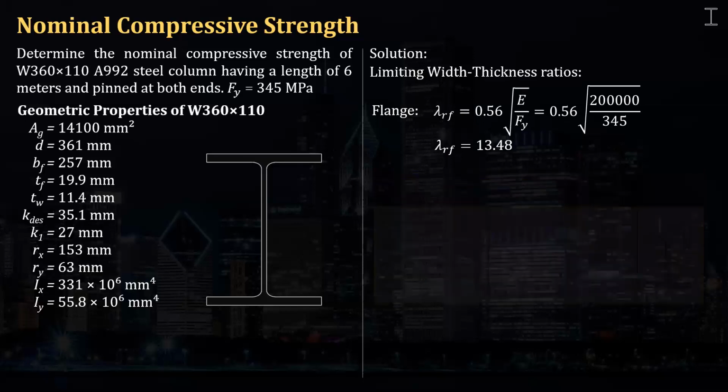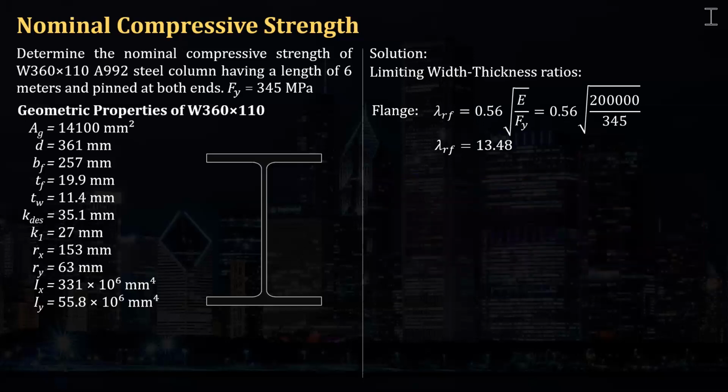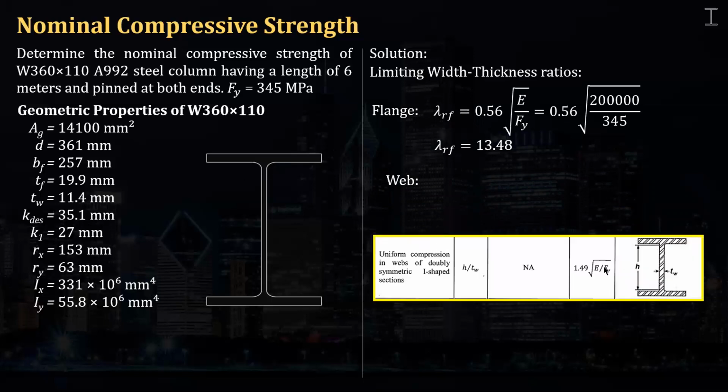Then after that, calculate the limiting width to thickness ratio for the web, the stiffened element. For the web, that is 1.49 square root of E over Fy. That means if this b over t or h over tw exceeds 1.49 square root of E over Fy, then that member is a slender element.